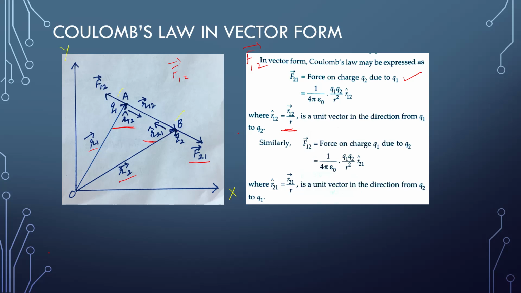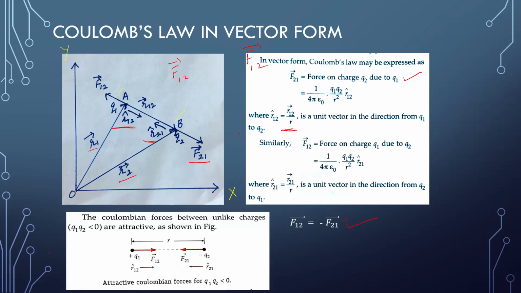As you can see, the two unit vectors are directed in opposite directions, so the force F12 vector is equal to minus of F21 vector.